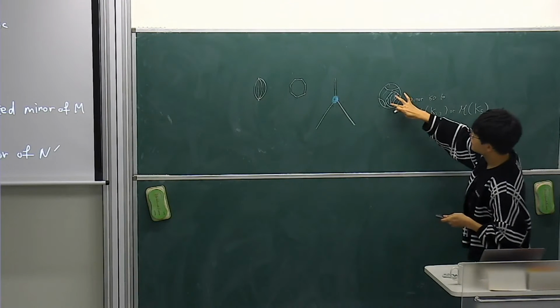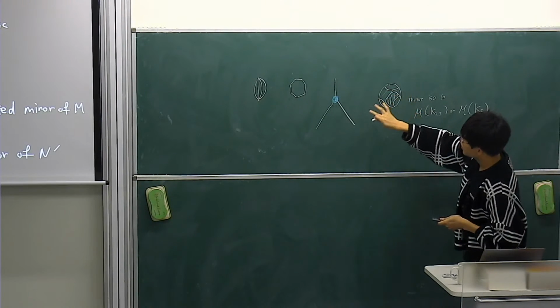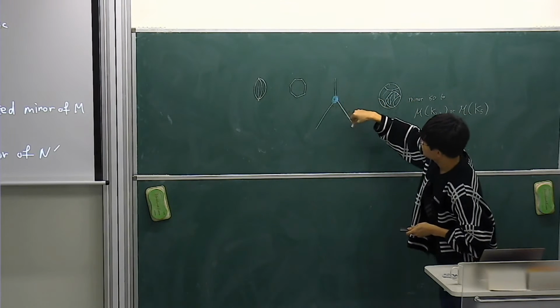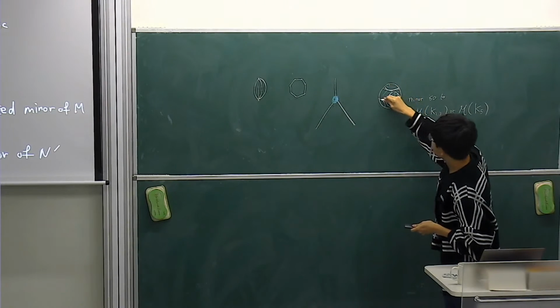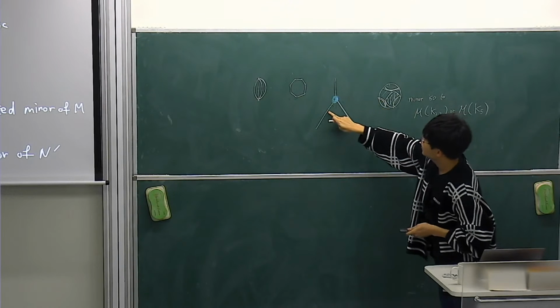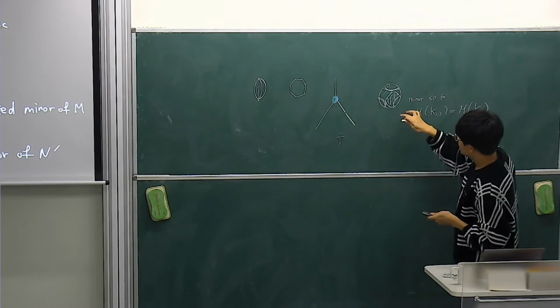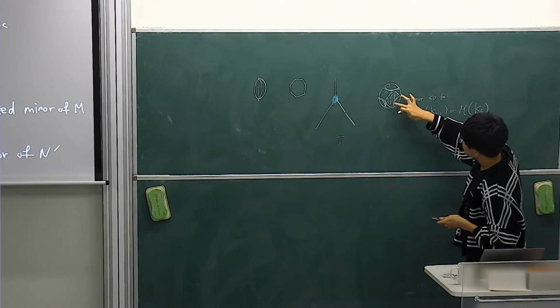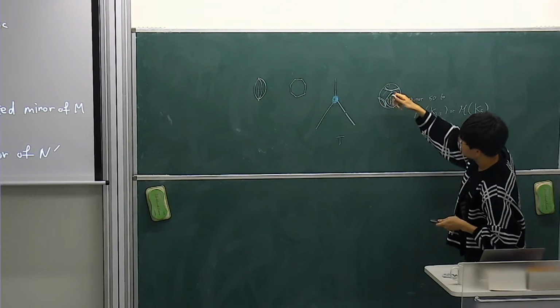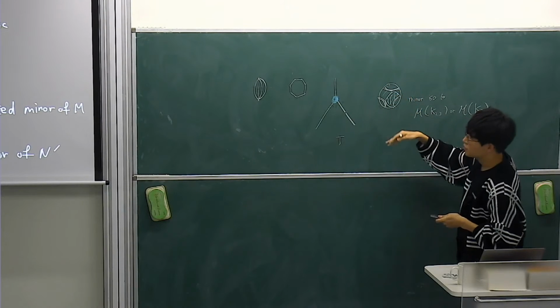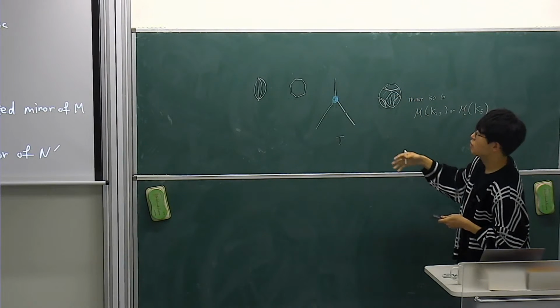This element and this element correspond to this edge in the tree. If this minor contains all of these elements, then the reduction operation does not change the tree decomposition.